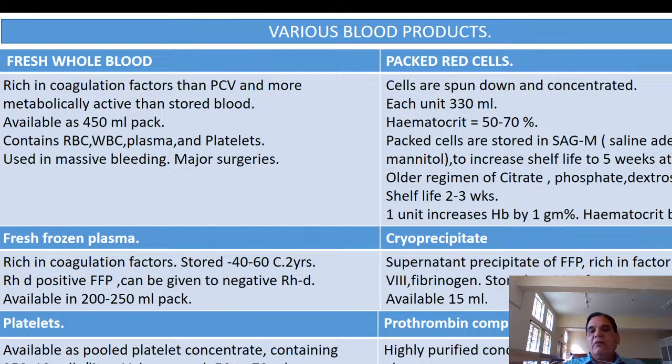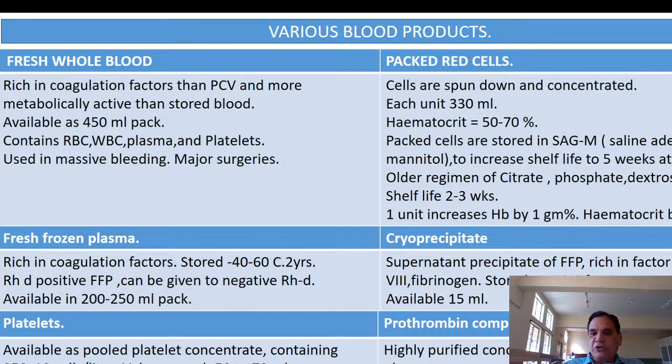Packed red cells are spun down and concentrated through the centrifuge. It is 330 ml. Hematocrit, meaning the concentration of RBC, is 50 to 70%. Here we are storing in what is called SAG-M. SAG stands for saline adenine glucose mannitol. This is a different medium.